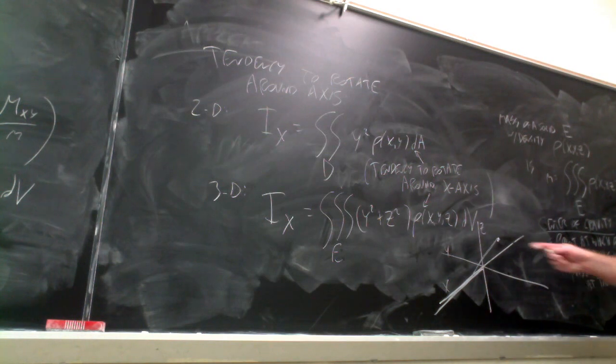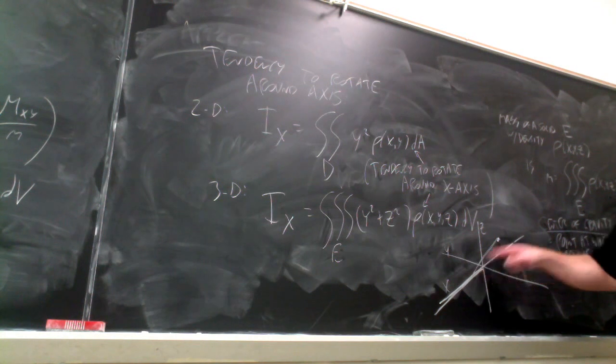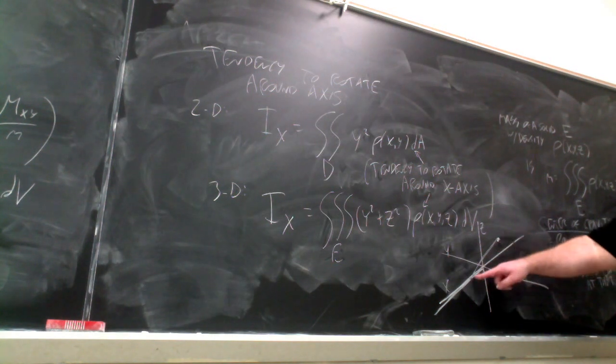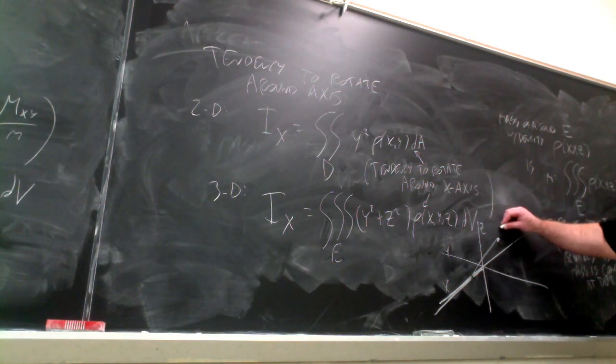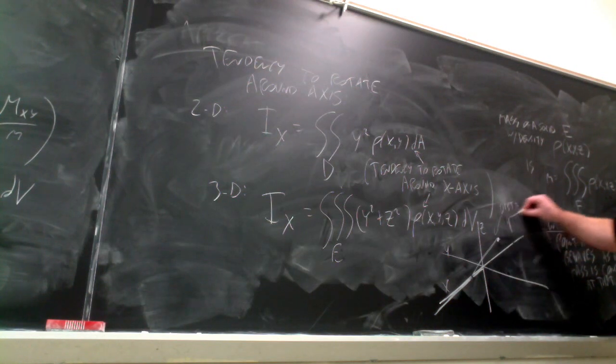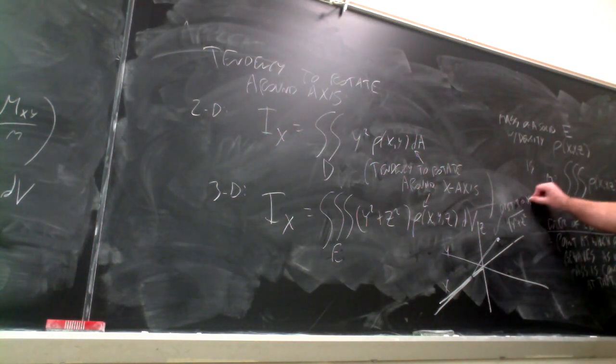But if you only want the distance to this axis, the shortest distance keeps the x-coordinate the same, and we subtract off, making the y and z coordinates 0 to get to this axis. So this distance is the square root of y squared plus z squared, the distance to the x-axis.